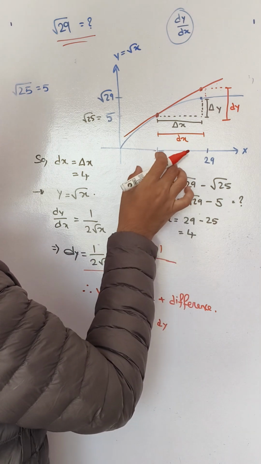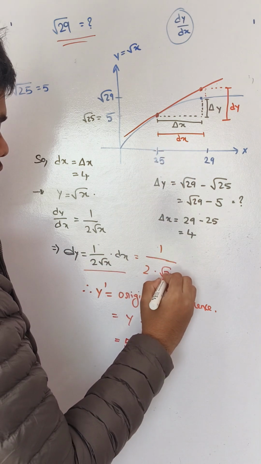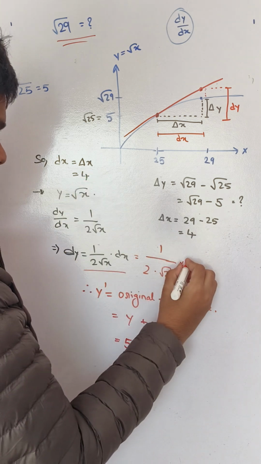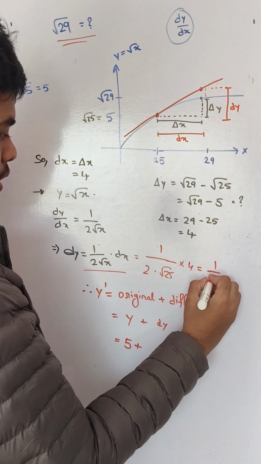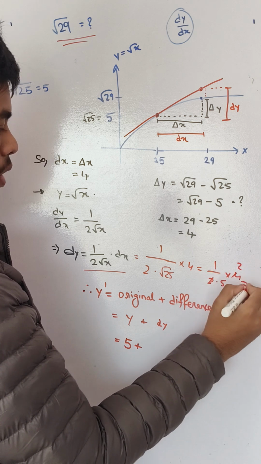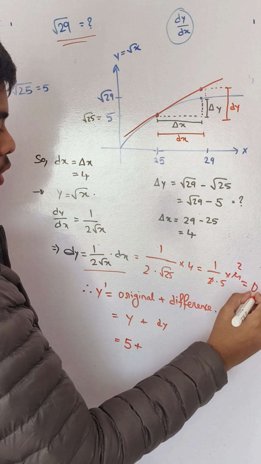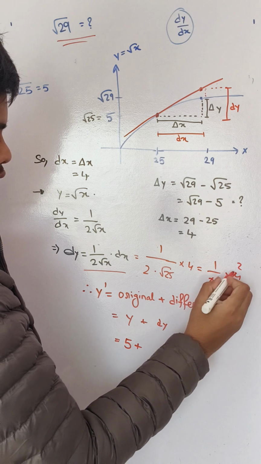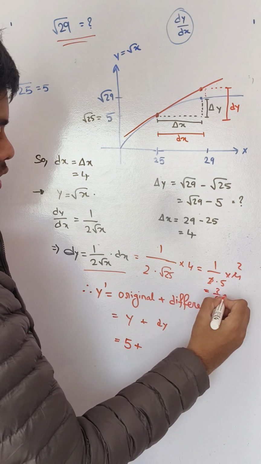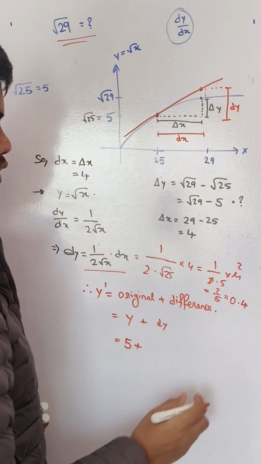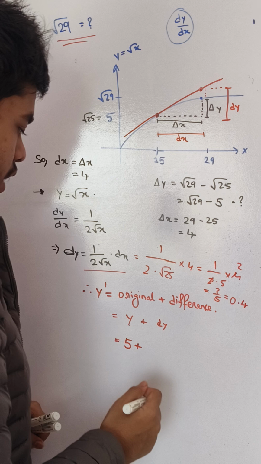What was the x over here? 25, into dx which was 4, is 1 by 2 times 5 into 4. 2 by 5 means 0.4.